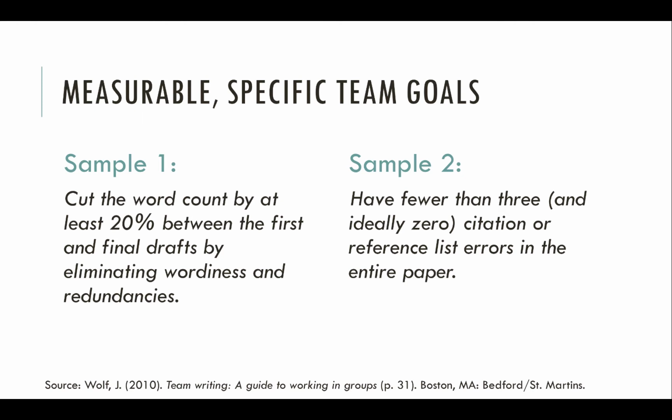Or, if your project will involve incorporating many outside sources into your writing, you might make it a goal to have fewer than 3 and ideally 0 citation or reference list errors in the entire paper. Your group should work together to come up with several of these goals, which will later help you think about how to divvy up responsibilities for the project.